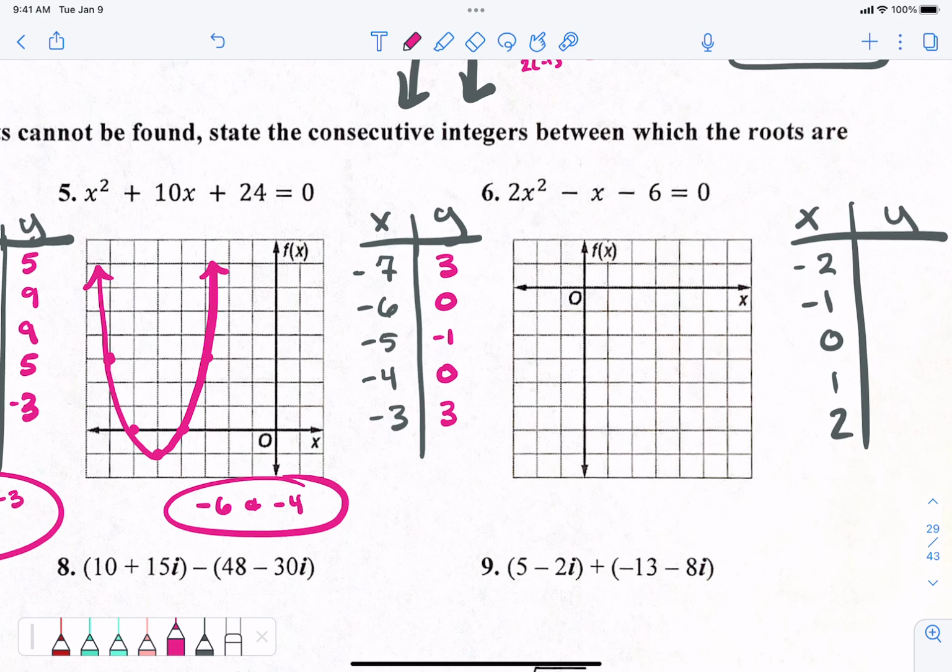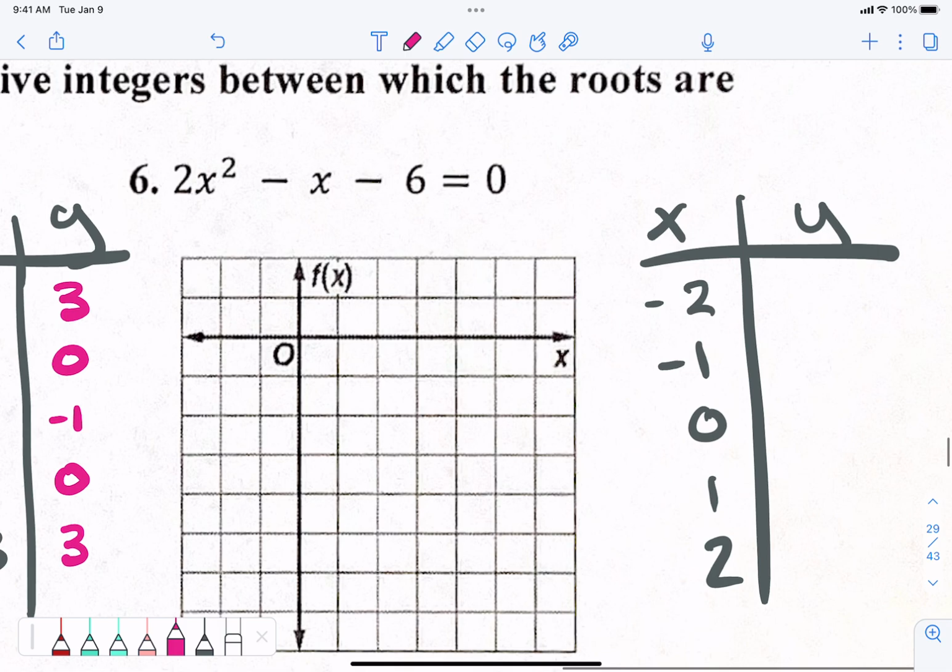Okay. Good. All right, moving right along. Here we go. If we plug -2 in, this should be 8 plus 2 minus 6, so 4. -1 is 2 plus 1 minus 6, so -3. 0 is at -6. 1 would be at -1 minus 6, so -5.